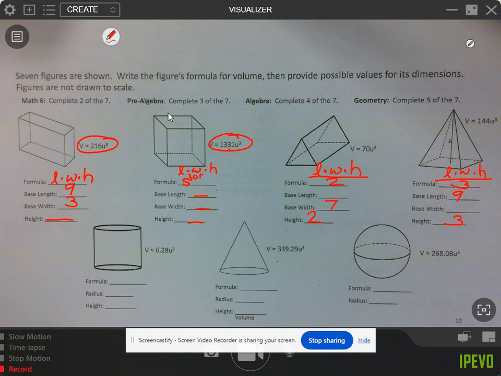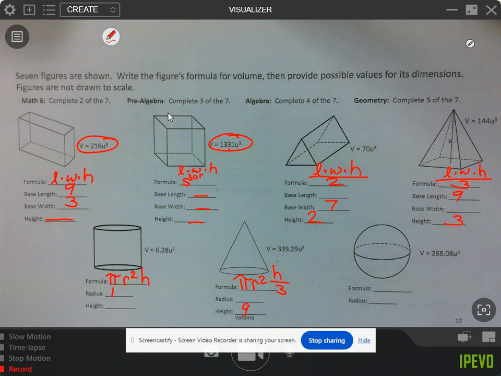No, it's 1,331. The formula for our cylinder is pi r squared times the height, and he's giving us a radius of 1. For a cone, it's pi r squared height divided by 3, and he's giving us a height of 9.